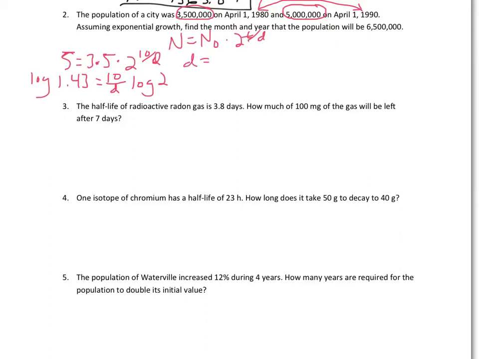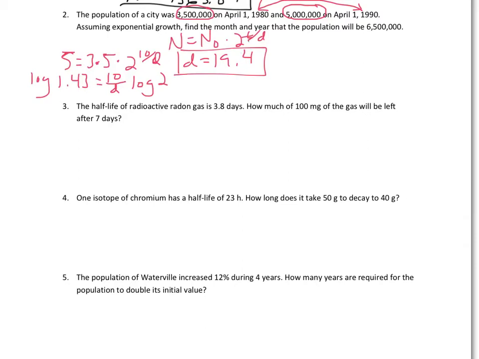So d equals 19.4. Right, 19.4. So that d is going to help us find the growth at 6.5 million.